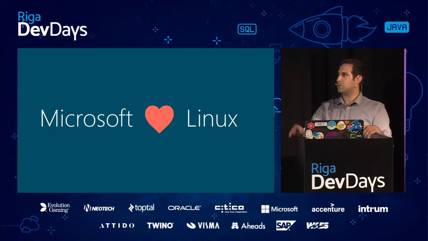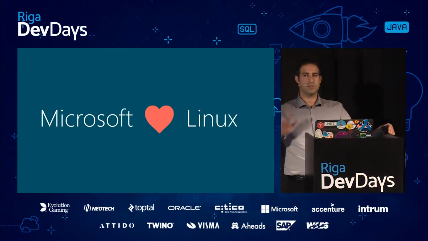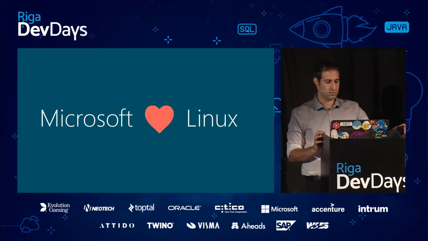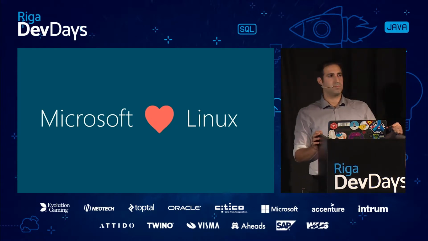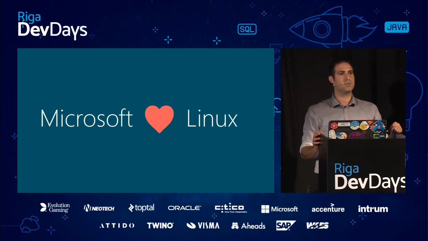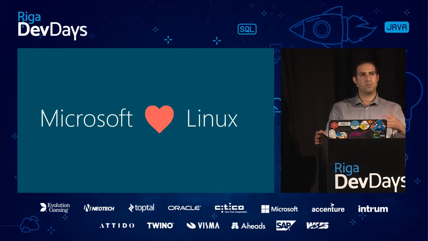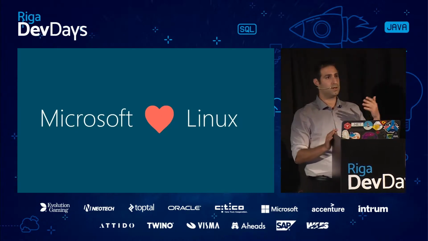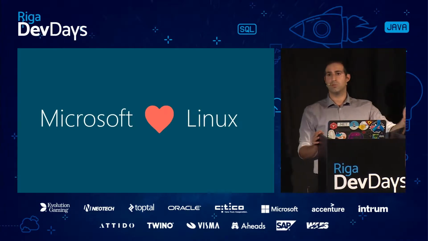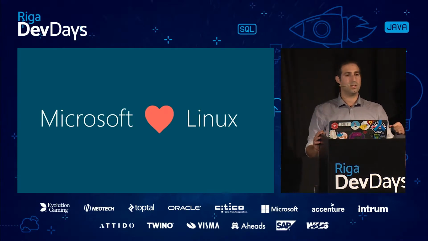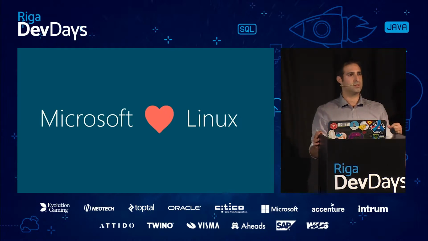A few years ago, around 2015, Microsoft showed this image to the world, declaring its love to Linux. And people who used .NET in the past were a bit skeptical and didn't really understand what was going on behind that. But since then, we saw a lot of movement, a lot of investment from Microsoft in its technologies to support Linux. One of those technologies is what we know today as .NET Core.